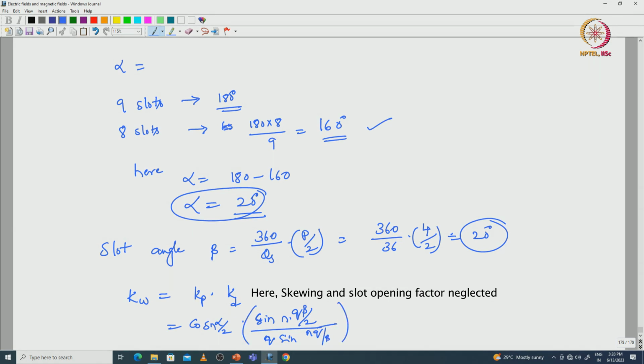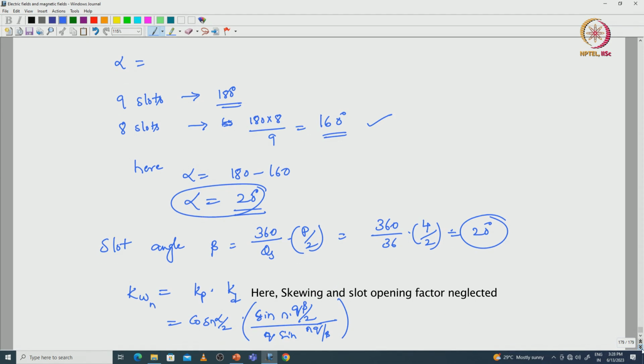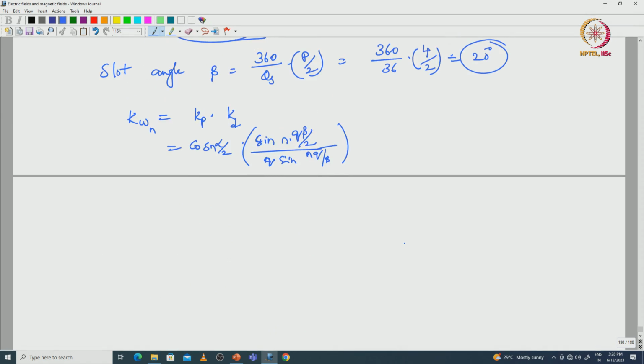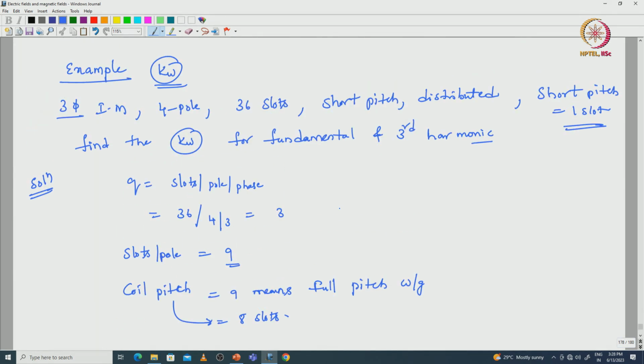Okay. So, the winding factor for the nth harmonic, for fundamental means n equals 1, for the nth harmonic with respect to that particular harmonic we have to calculate it. First one is with respect to the fundamental, right. For fundamental n equals 1, that is Kw1 equals cos of n alpha by 2, alpha is nothing but 20 by 2, into sin of n q beta by 2 divided by q sin of n beta by 2, n is 1 for fundamental, q is nothing but 3, slots per pole per phase equals 3, right.